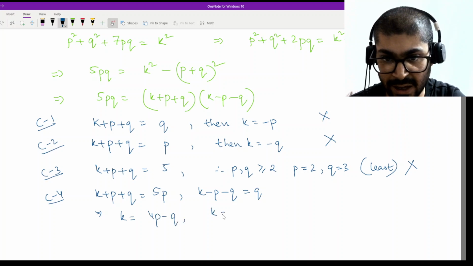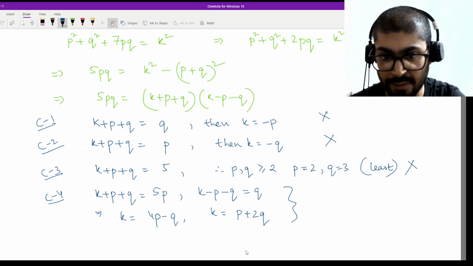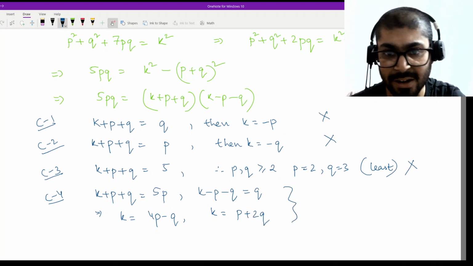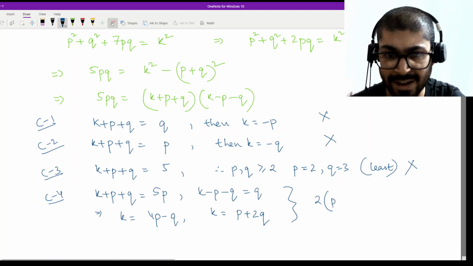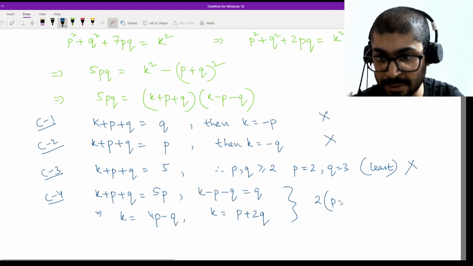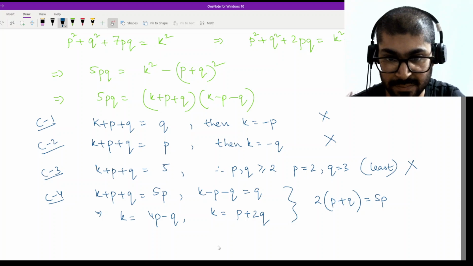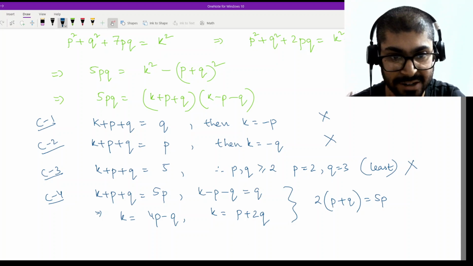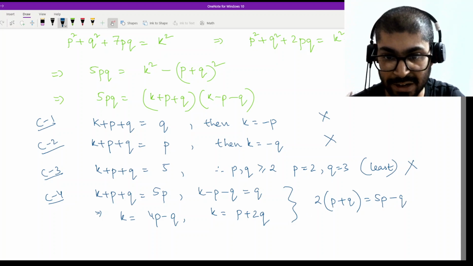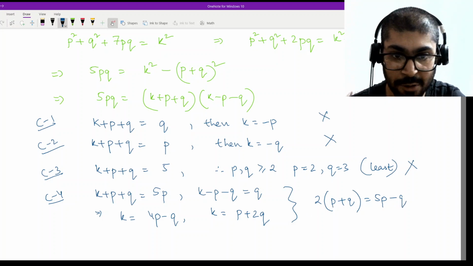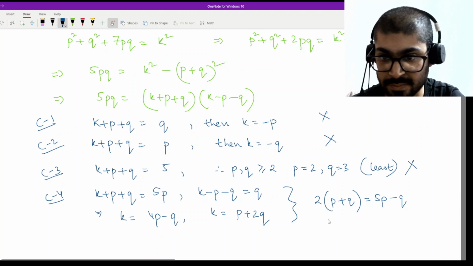From here we will have k equal to p plus 2q. If we combine this, we are going to get twice p plus q equal to 5p minus q. I'm just eliminating k, nothing super special. And then if we solve this, we will get p equal to q.